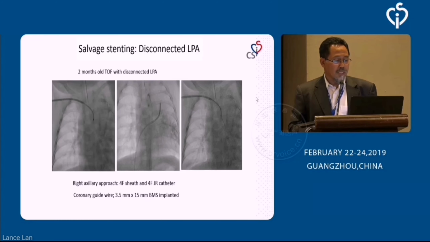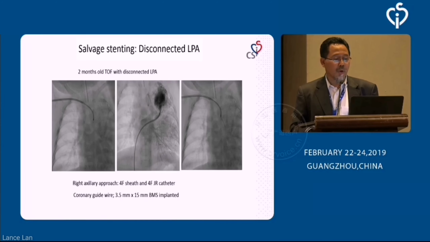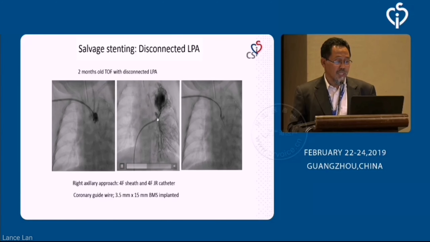The last that I would like to share with you is the condition where the left pulmonary artery or right pulmonary artery is disconnected from the main pulmonary artery. In this case, it's tough with a disconnected left pulmonary artery. A 2-month-old patient is more or less asymptomatic, but this is practically trying to salvage the left.